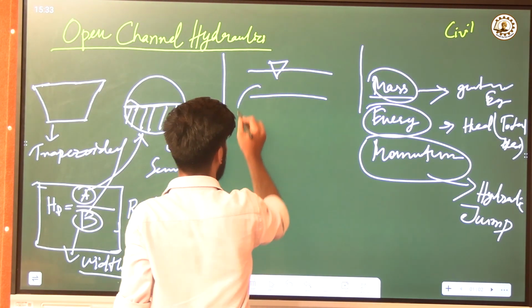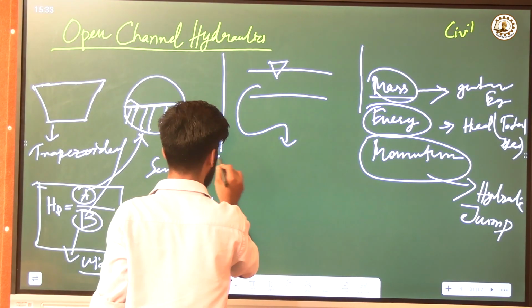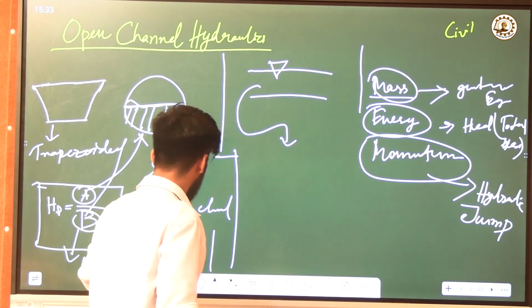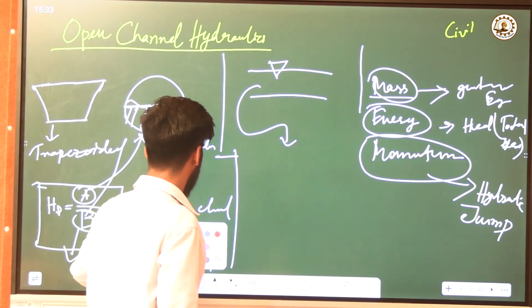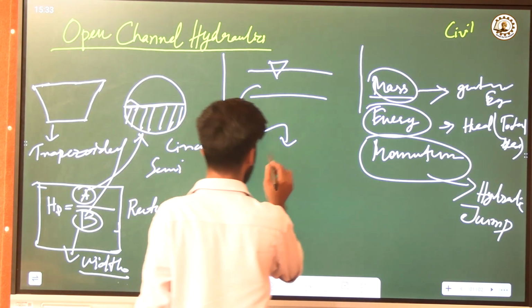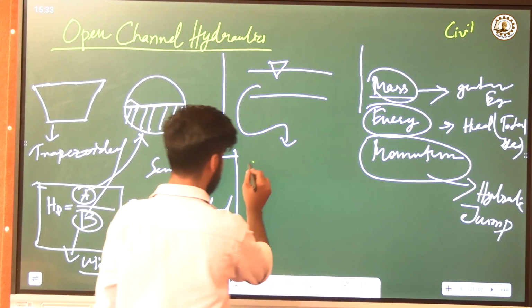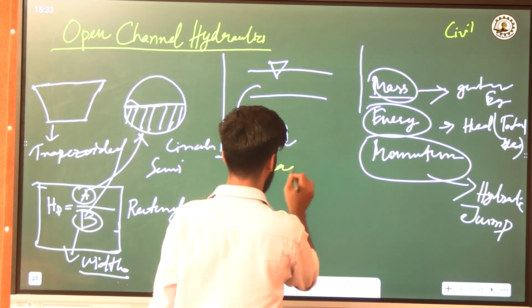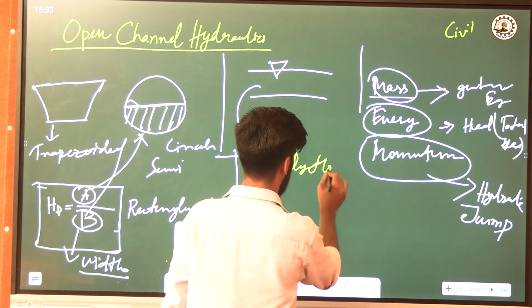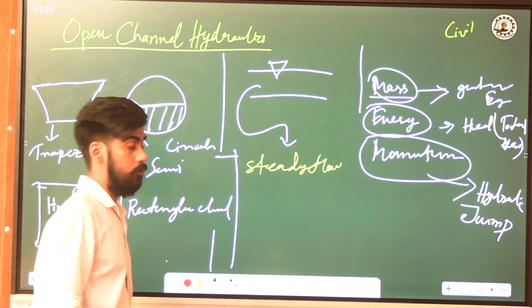Now, we can classify it based on the flow property, mostly in a few ways, which are steady flow. What is a steady flow?